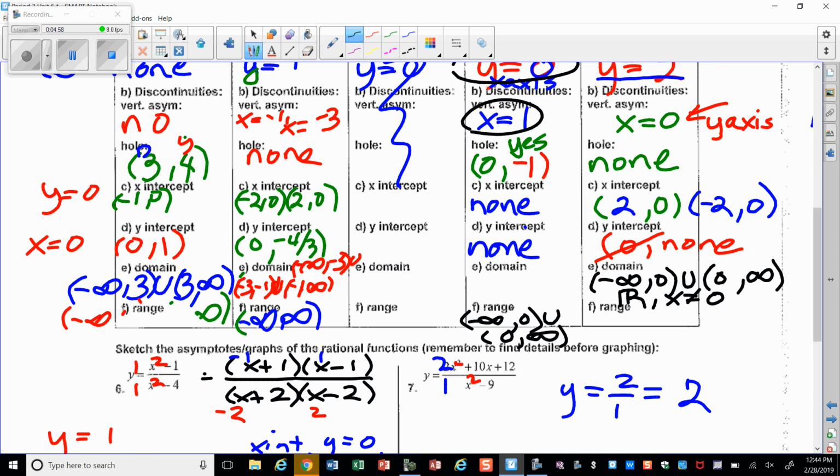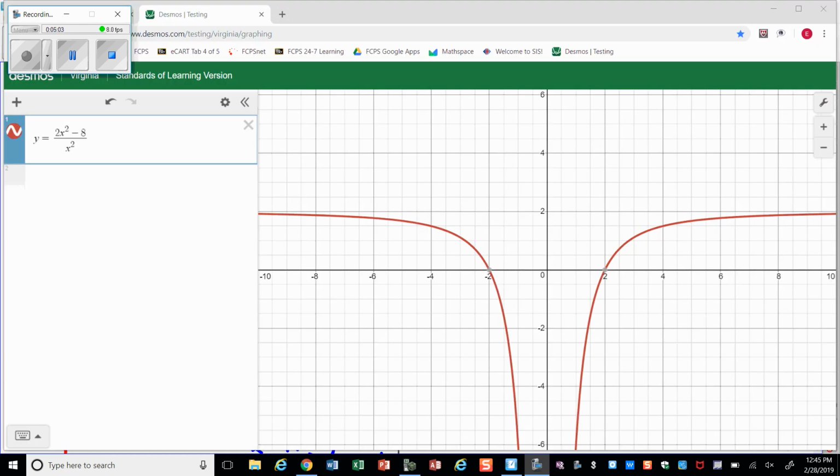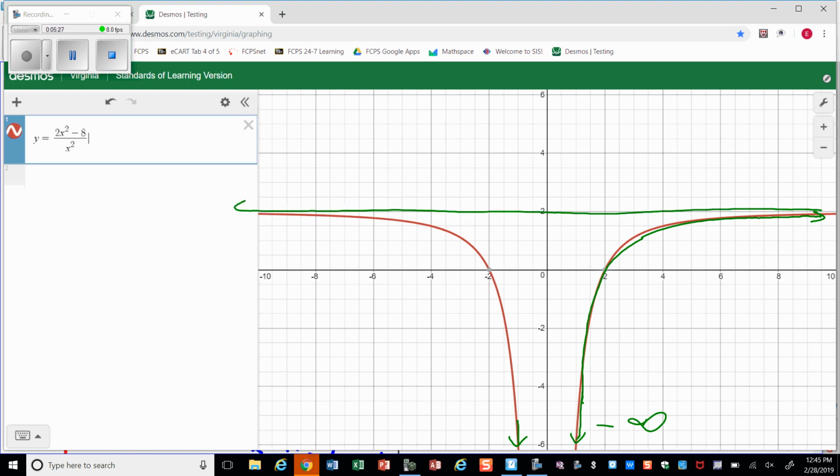Now if I'm looking at the range, I'll go back to my graph. You always start from the lowest, the bottom, to the top. So it goes from negative infinity, both of these went down to negative infinity, and I'm going up, and then it levels off here, it approaches, and this is my horizontal asymptote.